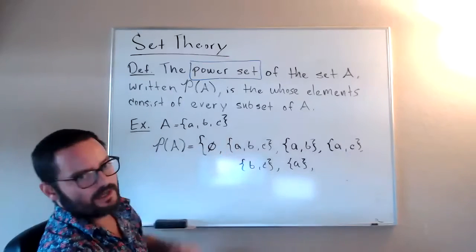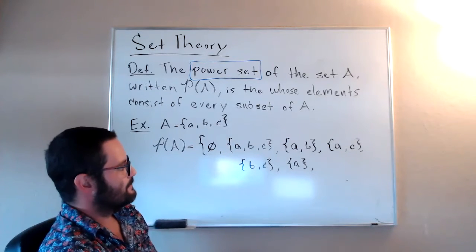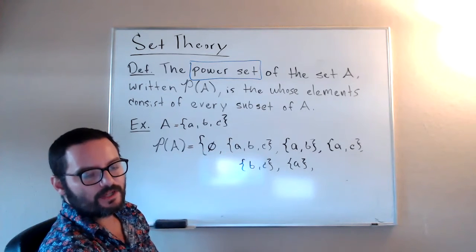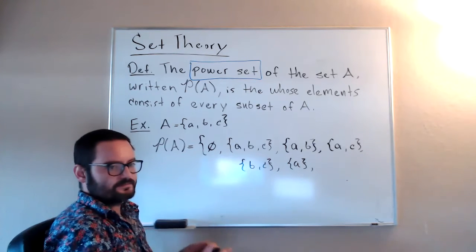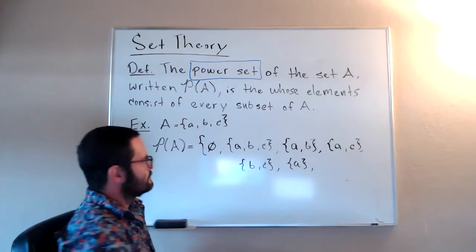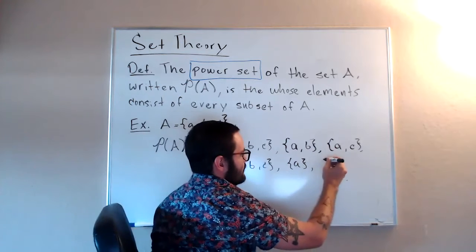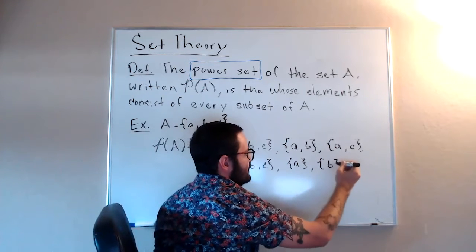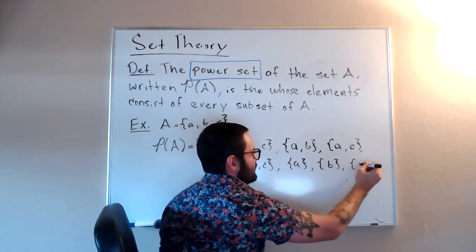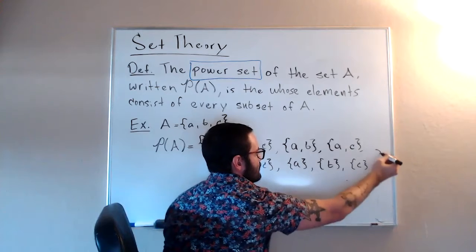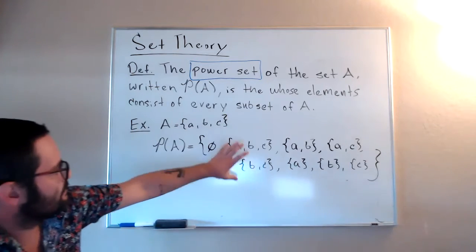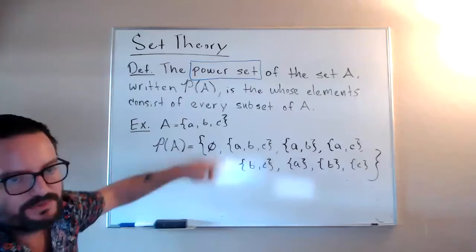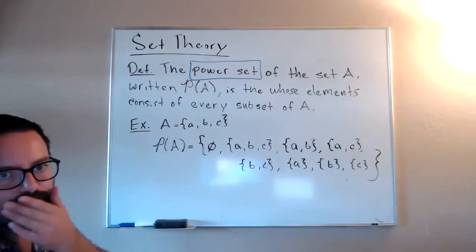That's a subset of that, right? What's another one? So now there's two more. Well, the set with element b, and then the set with element c. So altogether, those are all the possible subsets of A, so that's the power set of A.